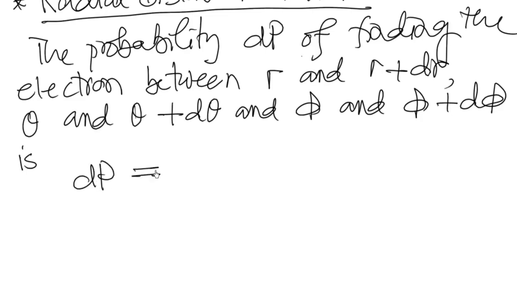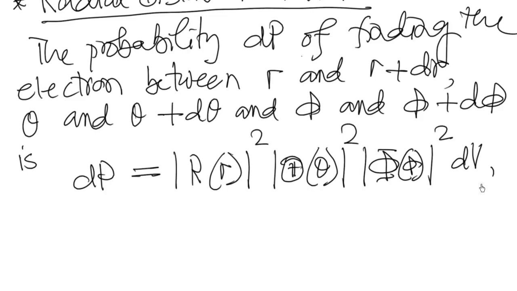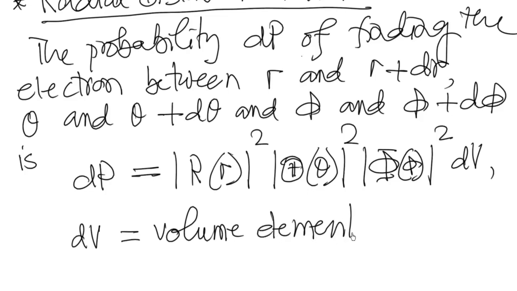dP equal to, so we take the modulus square of the total wave function, which is R of r modulus square, Theta of theta modulus square, and Phi of phi modulus square, and the volume element dV, because the modulus of the wave function square is the probability density.